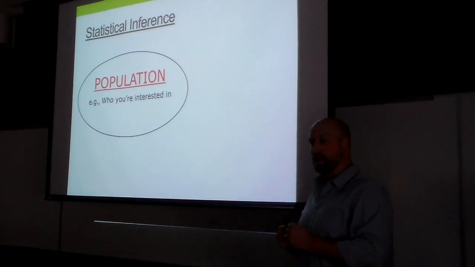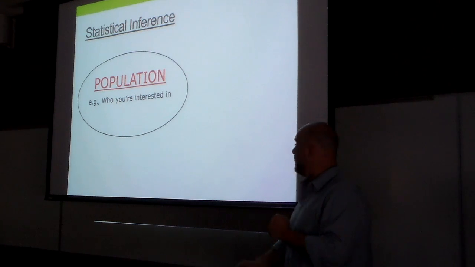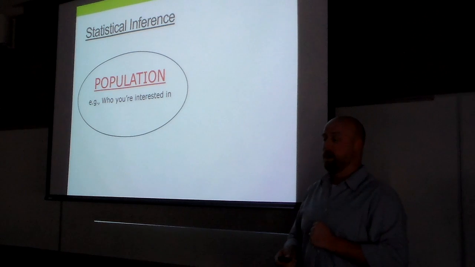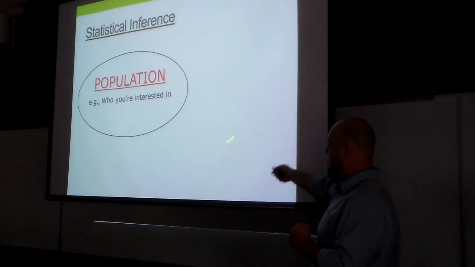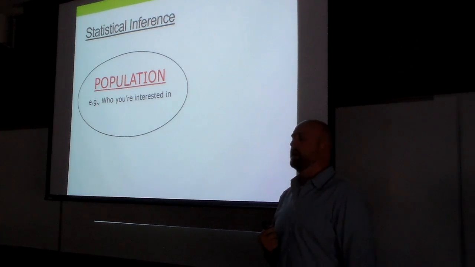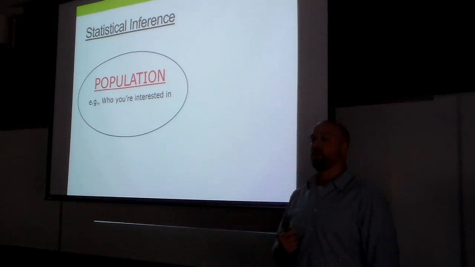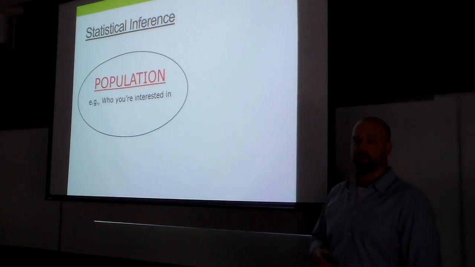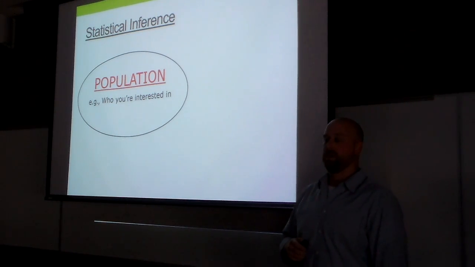So we're thinking about statistical inference, okay? This is our population. This is everybody we're interested in, okay? If I want to know what the relationship between state anxiety and chronic pain is, this would be all people who have ever been in a traumatic accident, okay? All right?